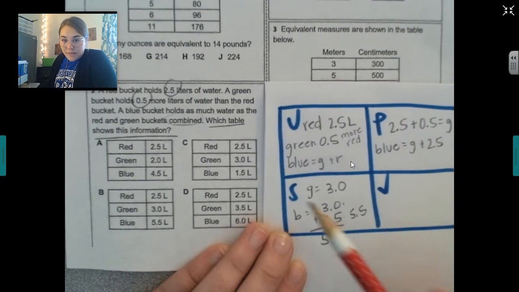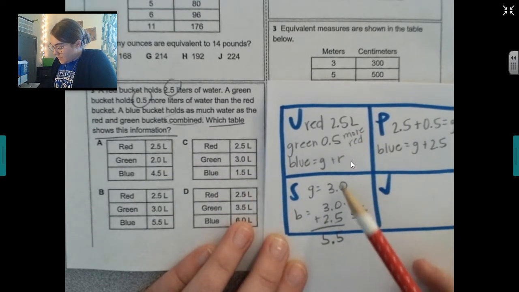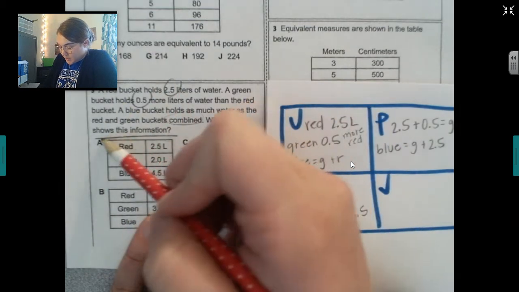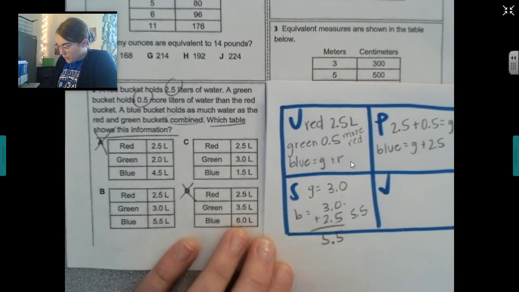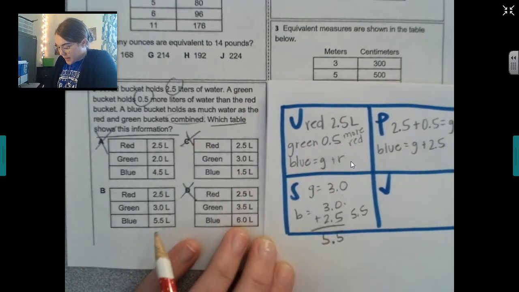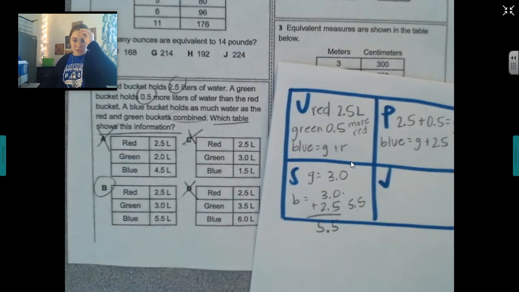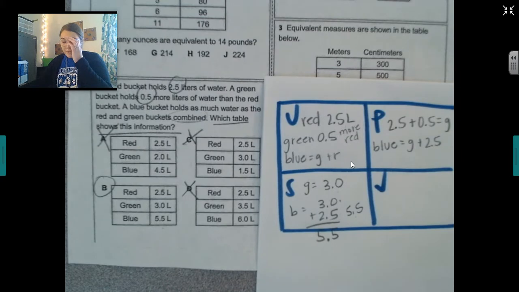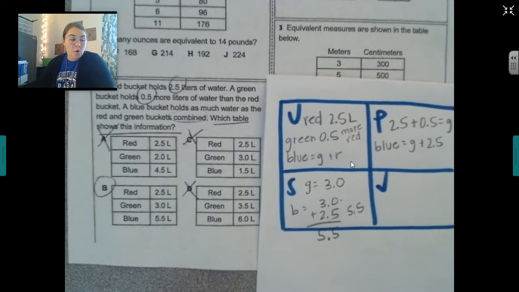So we've got to find one that says red is 2.5. All of them say red is 2.5. Then we have to find one that says green is 3. This one says green is 2. Won't work. Green is 3. Green is 3. Green is 3.5. That one won't work. Now 5.5 for blue. That one says 1.5, but that one says 5.5. So that's our answer. Now the liters in this problem don't matter, because liters are just a label, as if saying crayons or pencils or whatever.